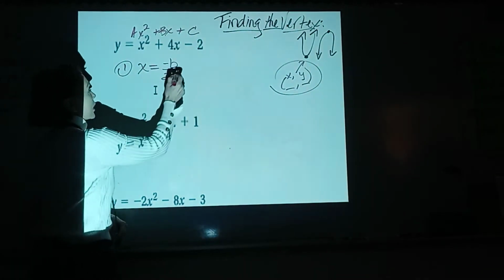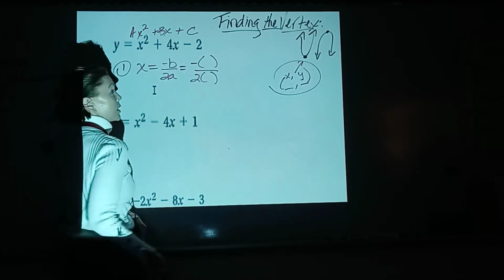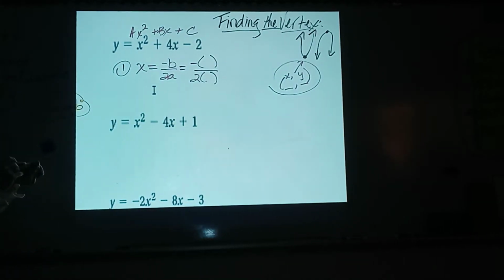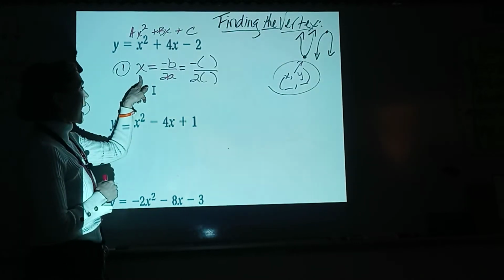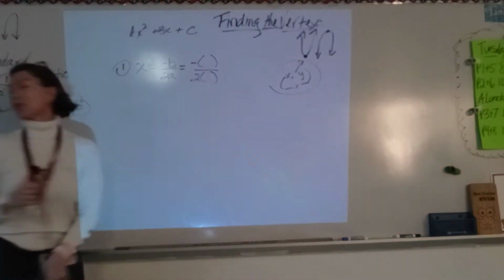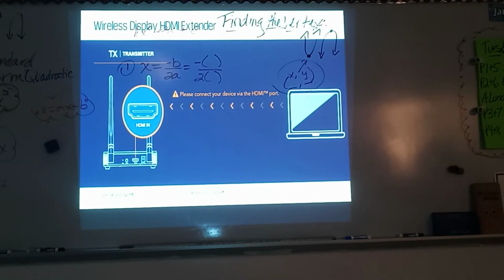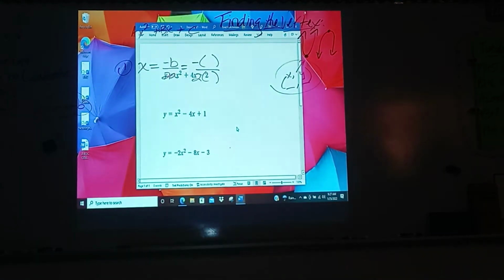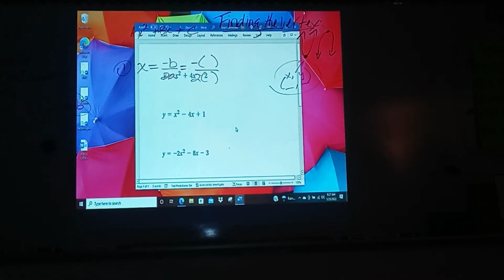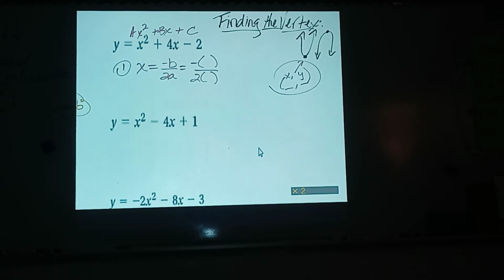So we're going to rewrite that formula with the empties like we always do and just do the math. As you can see, x is equal to whatever the result of this is. So right now we are finding the x value of the vertex first.